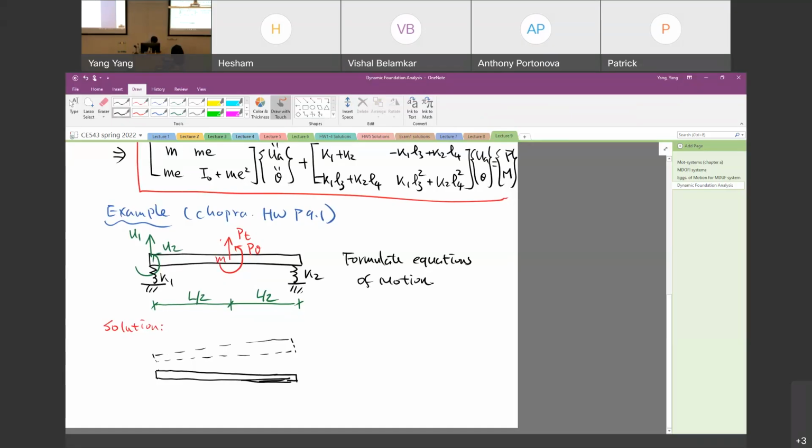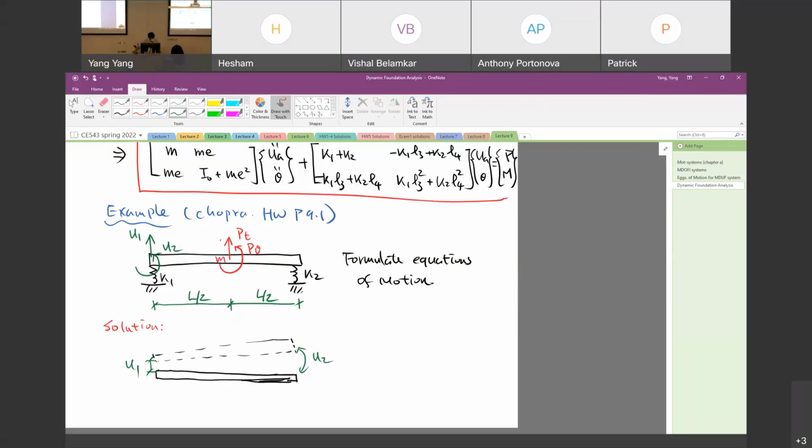At the spring location, the displacement on the left is equal to U1, and the rotation of the bar is equal to U2. Sometimes the textbook requires us to use U instead of beta here. The principle would be the same.